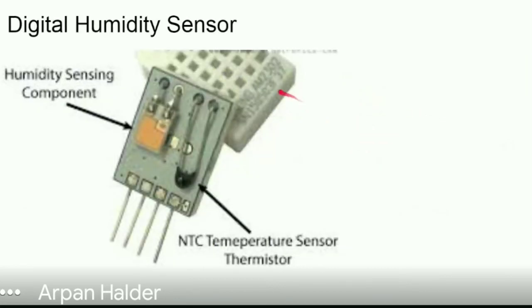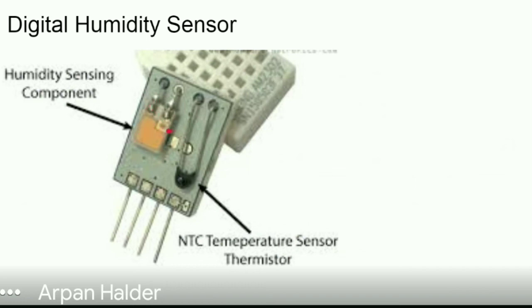And this is a diagram of a humidity sensor. A humidity sensor is basically a capacitor. As we know, air can serve as a dielectric, and if the humidity of the air changes, the dielectric constant also changes proportionately. So if we have a capacitive plate through which air can enter, then with a change in humidity of the surrounding air, the capacitance of this element will change.